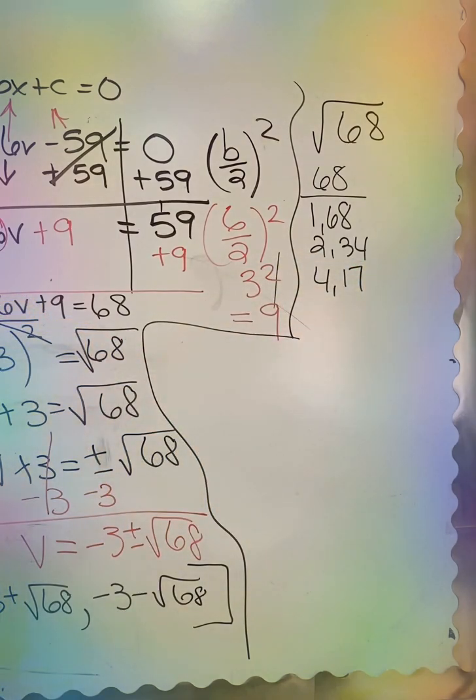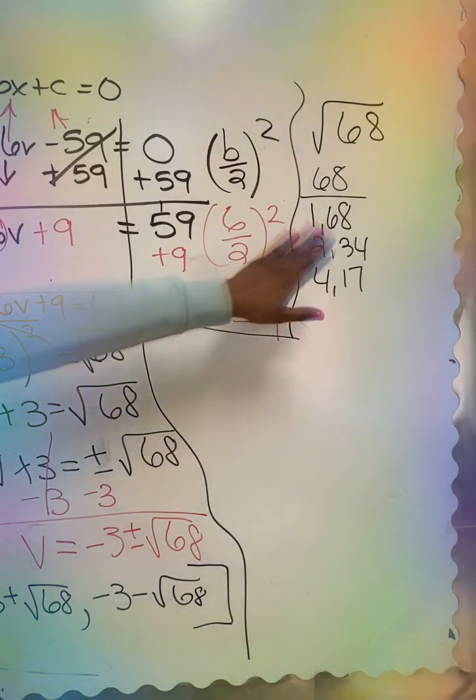So I'm just going to check this real quick, dividing by 5, 7, 8, 9, 10, 11, 12, 13, 14, 15, 16, and we know 17. All right, so the only factors of 68 are 1, 2, 4, 17, 34, and 68.